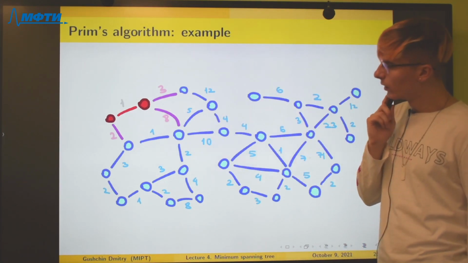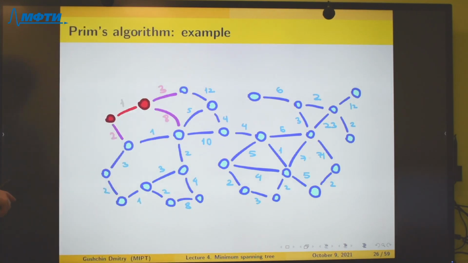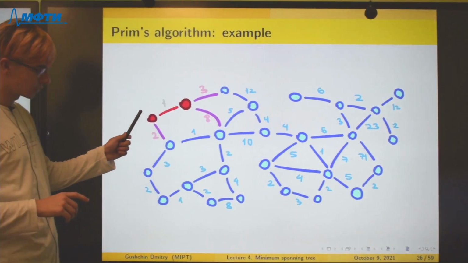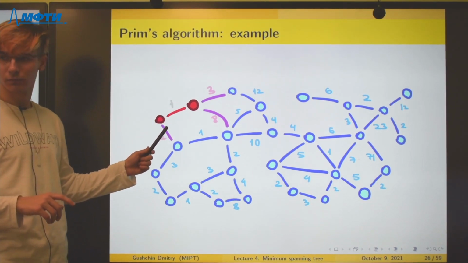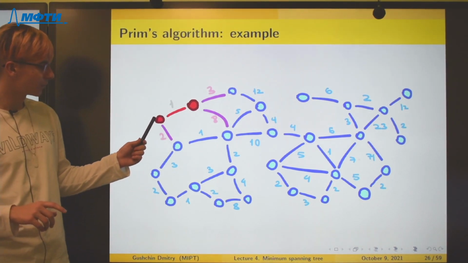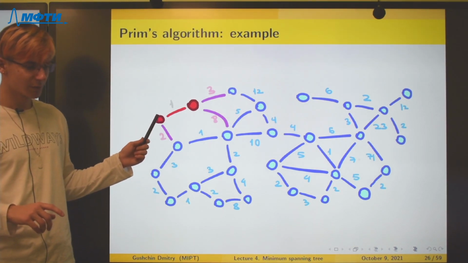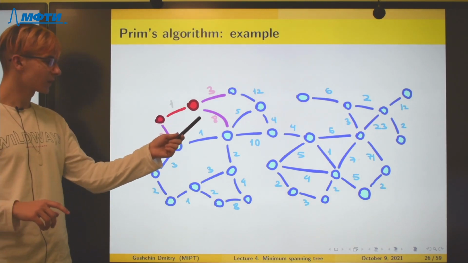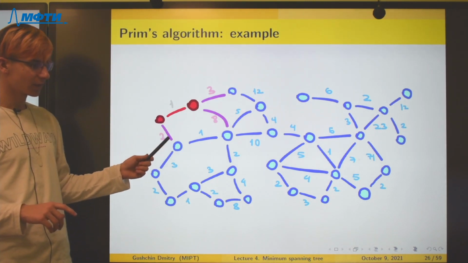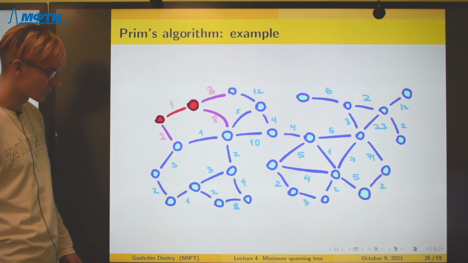But of course, you can see that in this cut, this edge is not the minimum for this vertex. For this vertex, the edge that connects to it with minimum weight is equal to 1, but in this cut we add this edge. So we need to swap these weights.